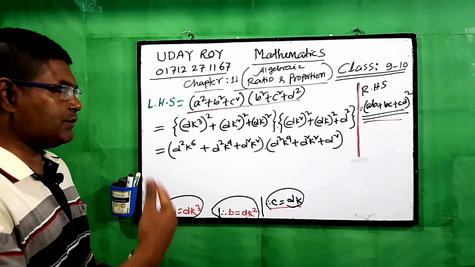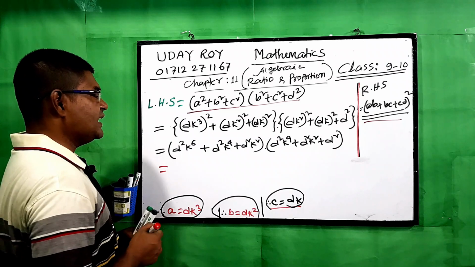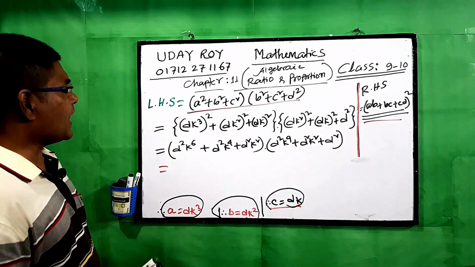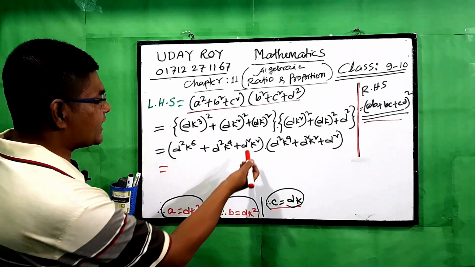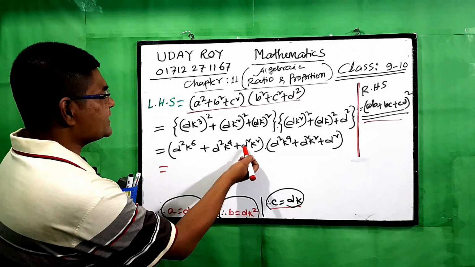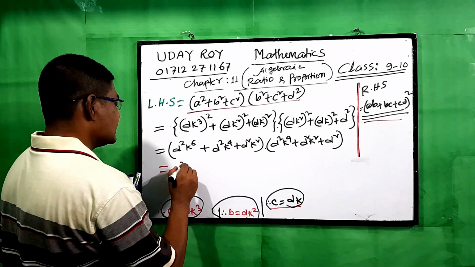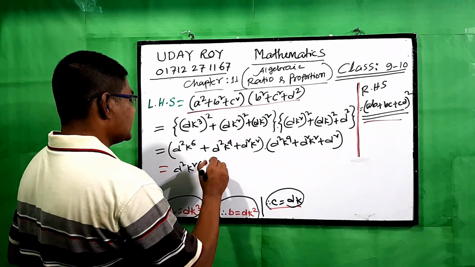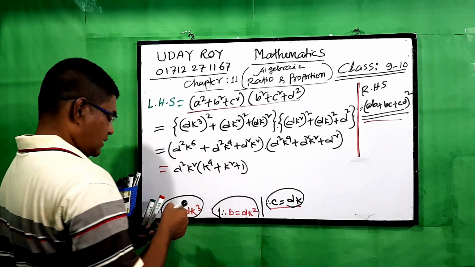You can see repeated terms, you can find out easily: d square, d square, d square, and here k square, k⁴, k⁶. So the smallest one is k square. And here d square, we can take common easily. So here d square and k square. We have got k⁴ plus k square plus 1.